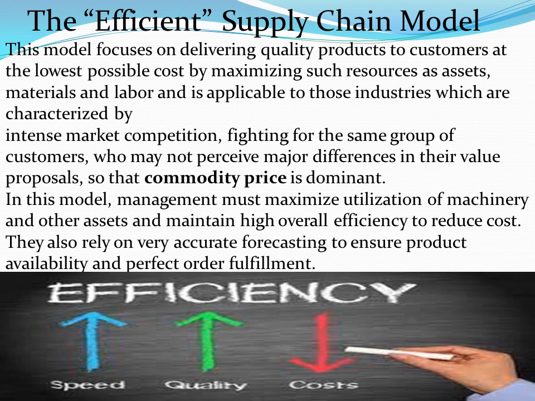In this model, managers have to maximize utilization of machinery and other assets and maintain high overall efficiency to reduce cost. They also rely on very accurate forecasting to ensure product availability and perfect order fulfillment.